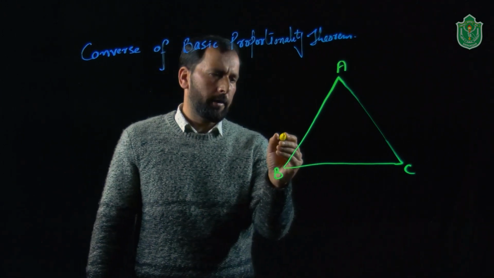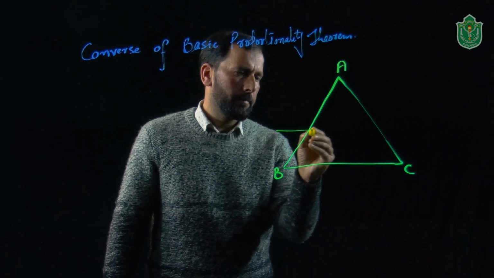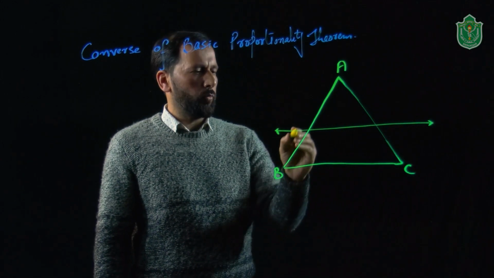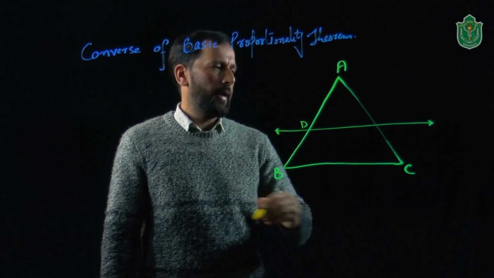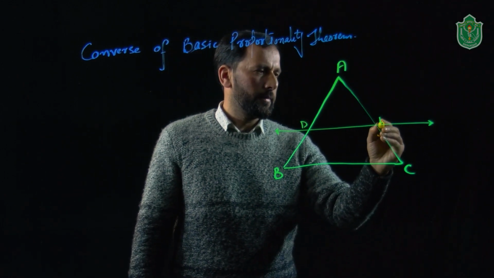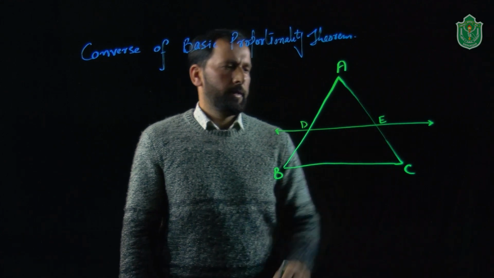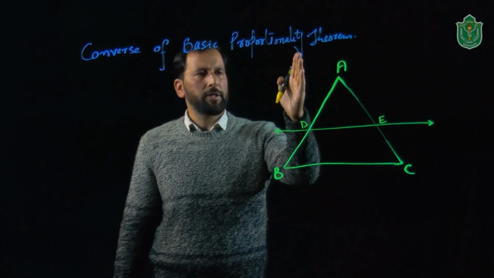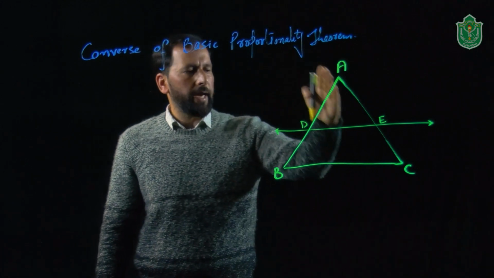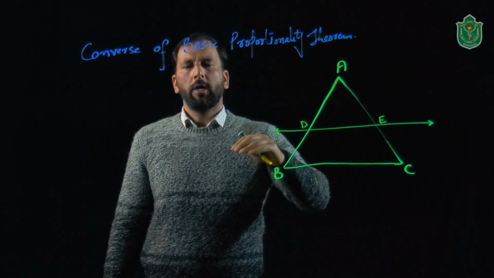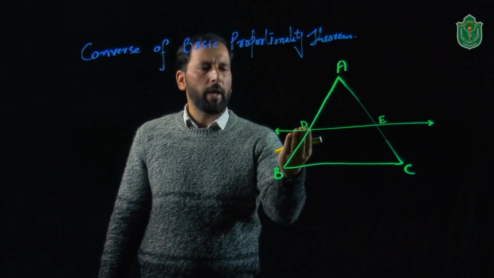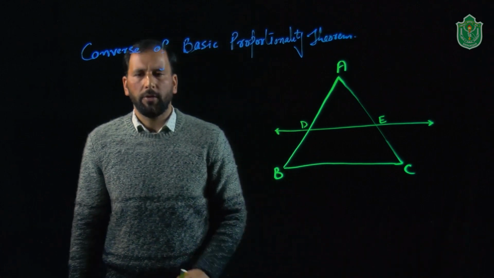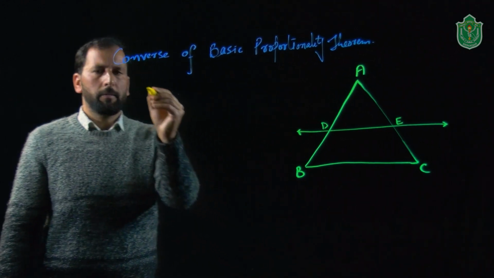Let the line be here, and we can write this point as D and this point as E. It is given in the theorem that this line DE divides the side AB and the side AC in the same ratio. Then we are going to show that this DE is parallel to the side BC.